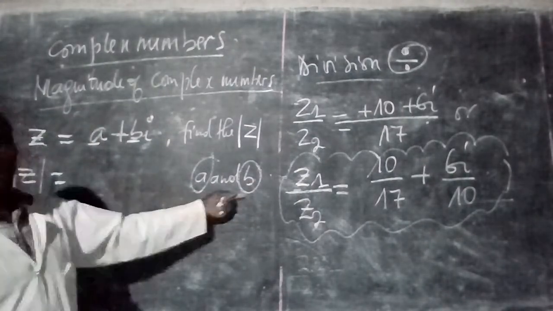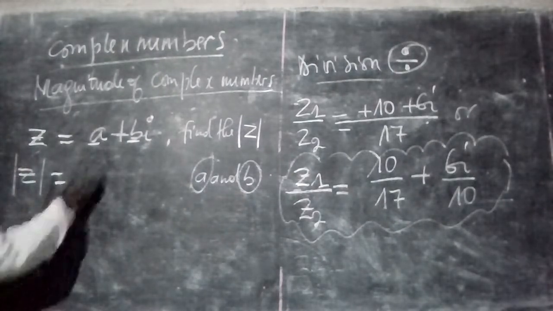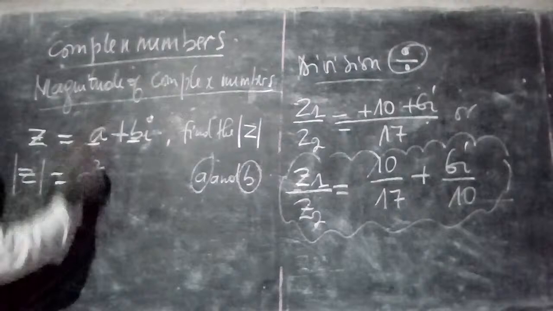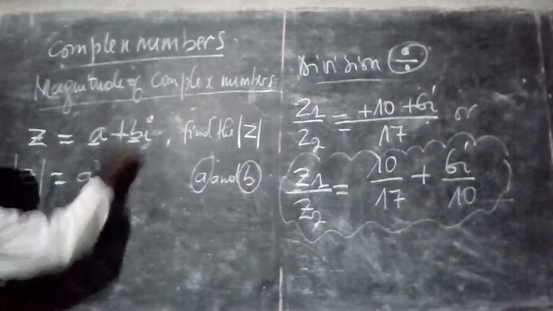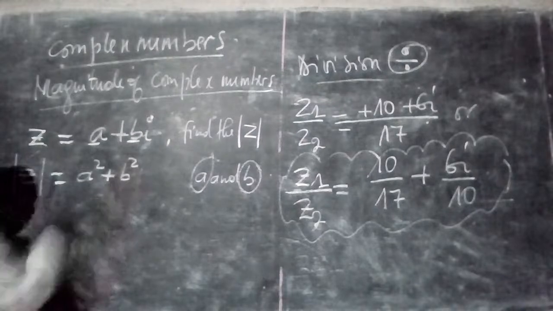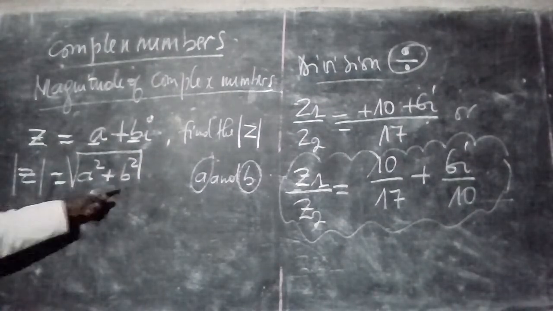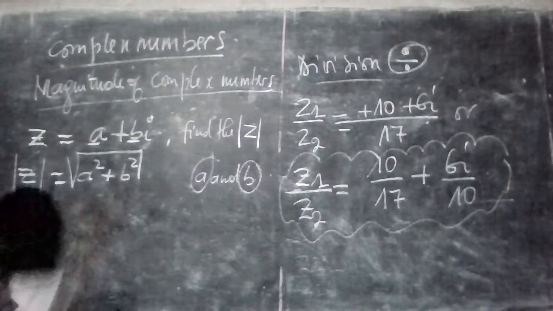You have to take a squared, the number that you have been given, plus b, the coefficient of i, also squared, and then take the square root. This is how to find the magnitude of complex numbers.